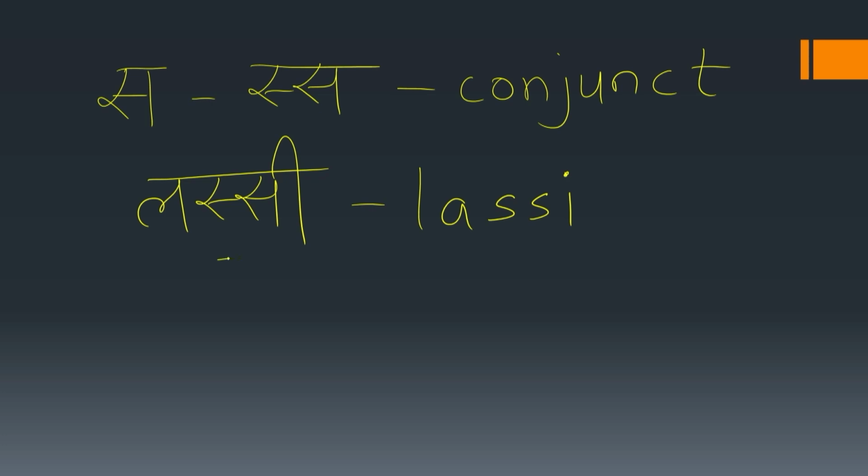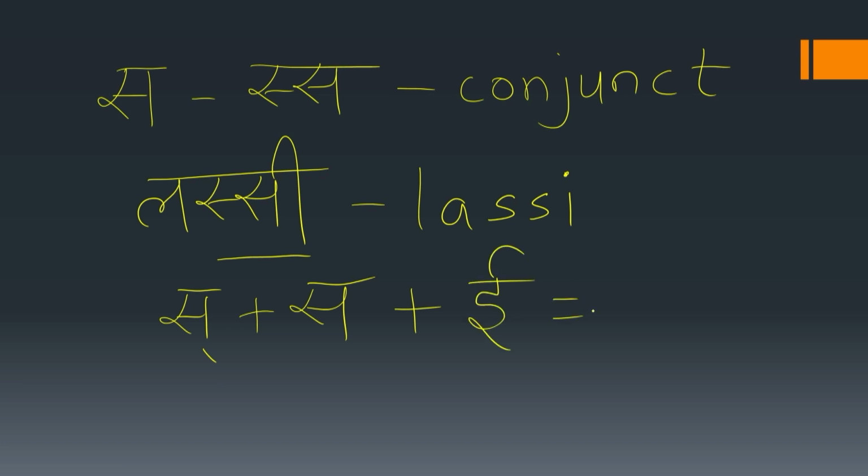So this is a conjunct here, half sa and full sa. Half sa plus full sa plus dirgha e, the longer vowel sound e, gives us this conjunct. Lassi. The pronunciation of the first consonant is half and then the next sa is full.